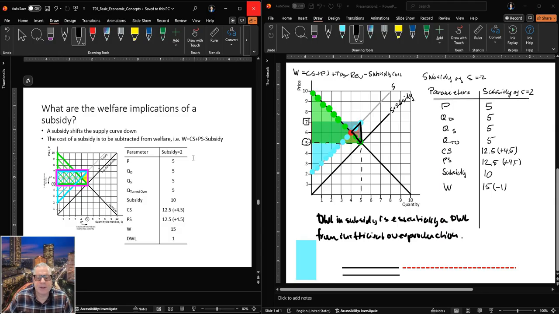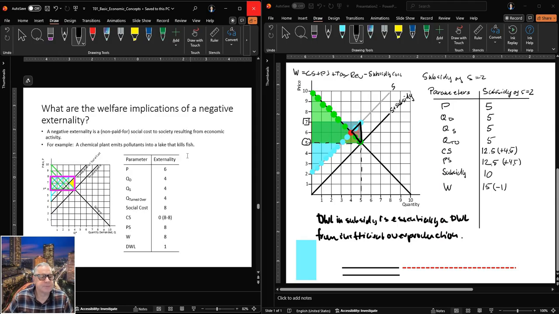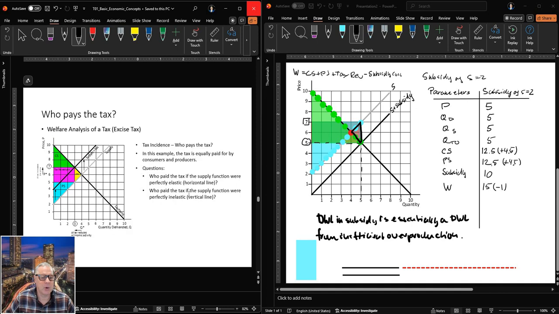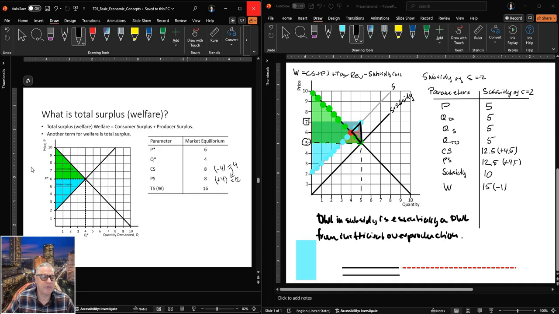Okay, so next we move to another concept, which is externalities, and that is particularly relevant in environmental economics. And we have to think completely new. So now, as we talk about externalities, we no longer reference everything to this scenario.